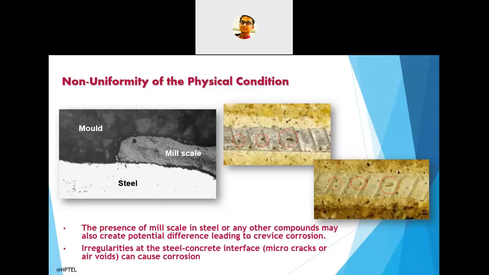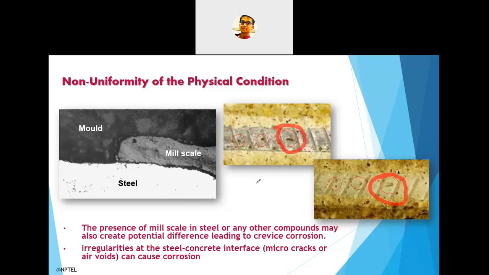It has been seen in the imaging that there are some void-like structures, and after breaking the sample, it has been seen that exactly in the same location there is formation of corrosion. So if there is a presence of voids, we cannot stop it totally. It may happen like this.